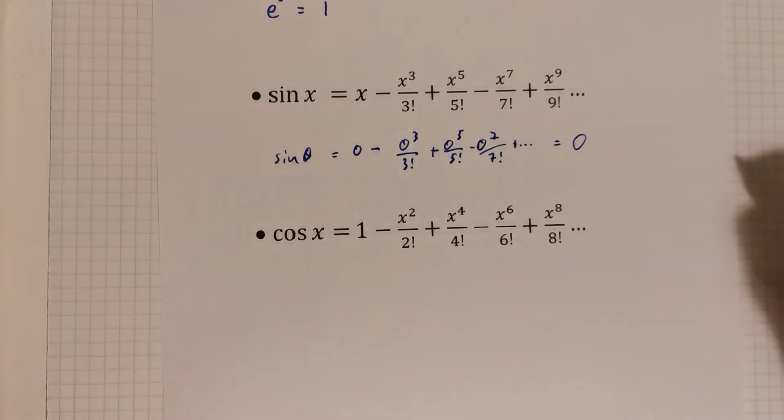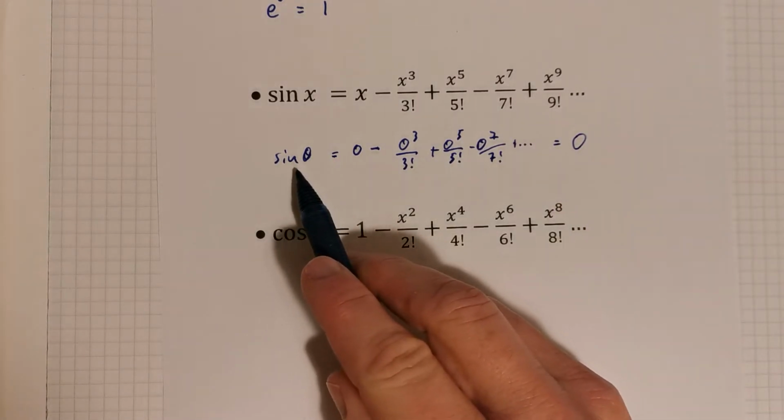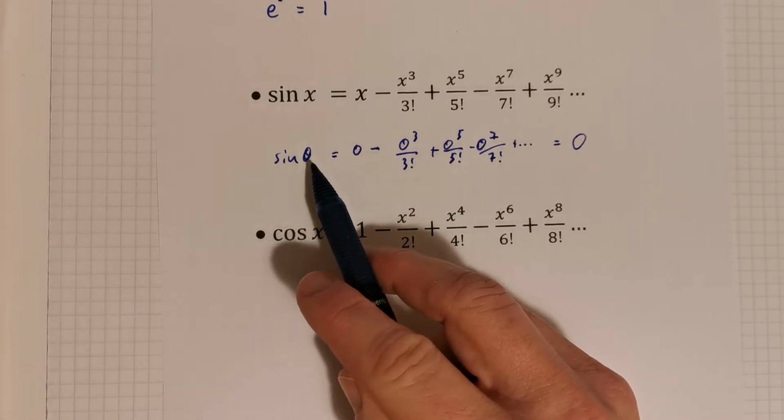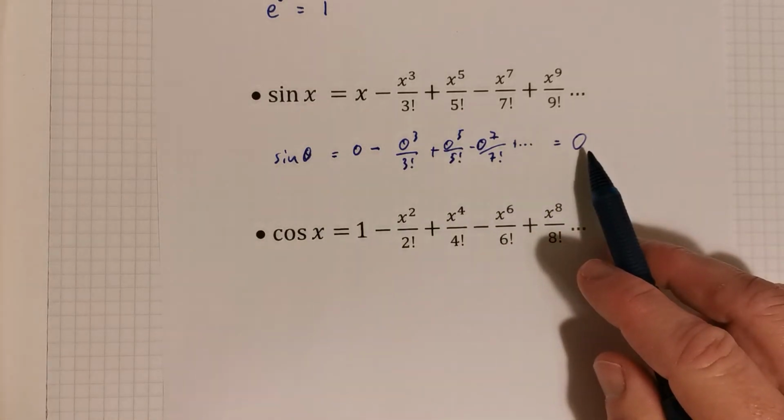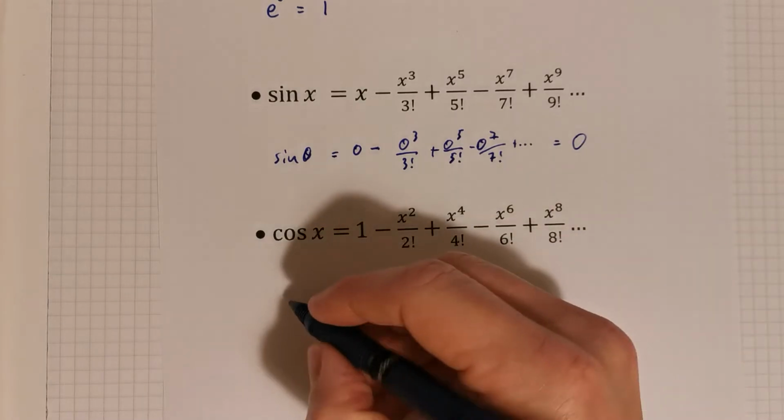And again, that should be no surprise because previous work in trigonometry told us that sine of 0 is, of course, 0.